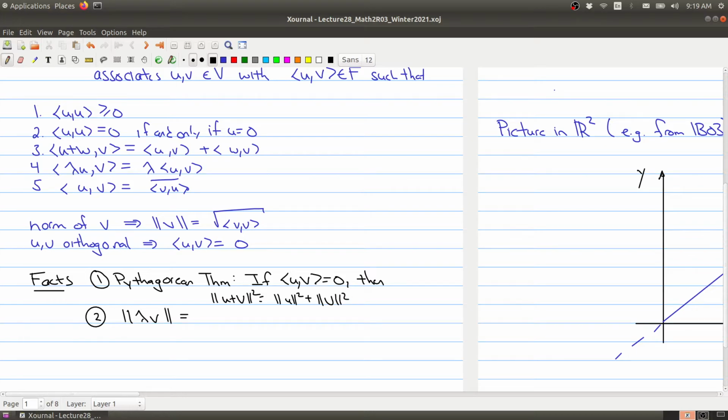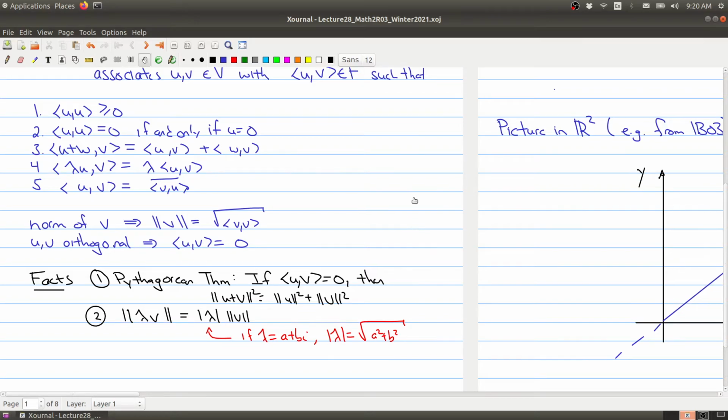We also have the following fact that will be useful in today's lecture: when you scale a vector by a complex number or a real number, the norm of that vector is the same thing as the absolute value of your complex number times the norm of v. Just remember that this is a complex number. So if lambda is equal to a plus bi, the length of that vector is the square root of a squared plus b squared. So we need all of these results and definitions for today's lecture.